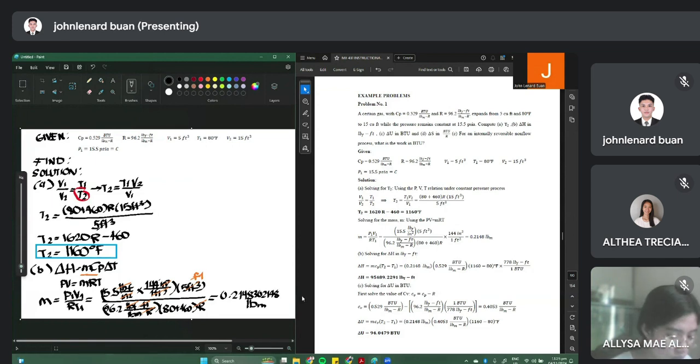So, our enthalpy will give us m, which is 0.2148. Please use the whole value, putulin ko lang dito kasi hindi magkakasya. And then Cp na 0.529 BTU per pound mass Rankine.